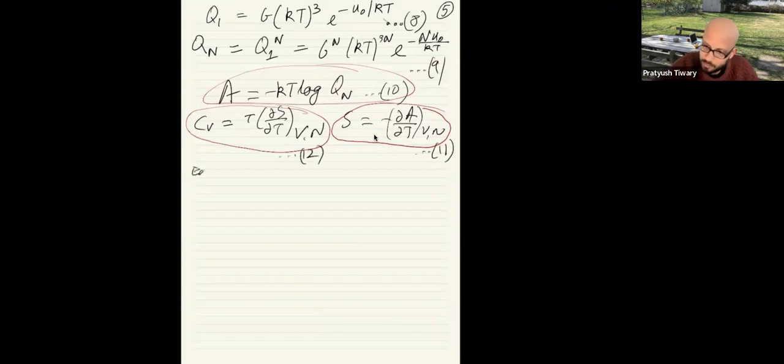So first equation 10. What is A? A is minus KT, and by log, I mean natural log. It's a constant. It doesn't matter in StatMech that much because we differentiate everything. So that's going to be natural log of G to the power n, KT to the power 3n, e to the power minus n u naught by KT.